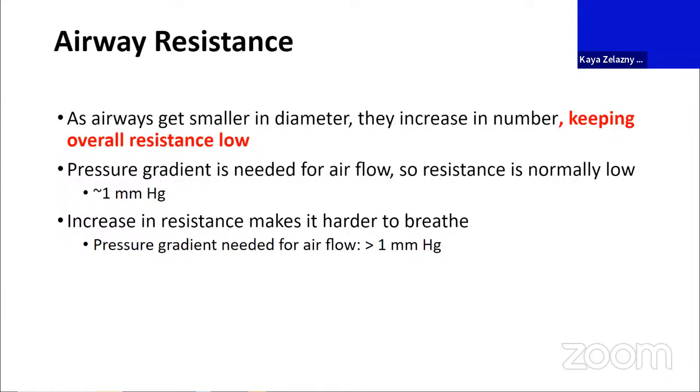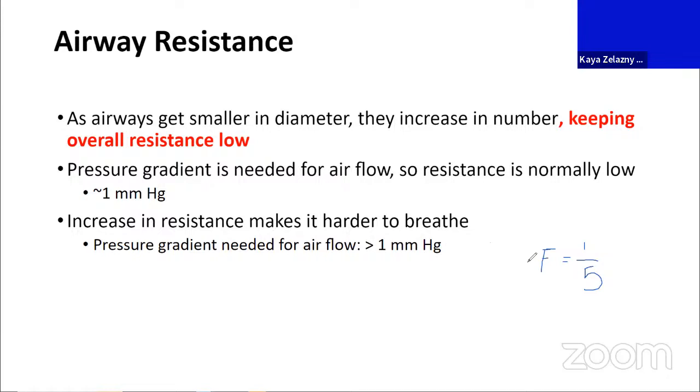Okay. Now, since we only have a little bit of a pressure difference, we're usually comparing like 0 to 1 or 0 to -1, depending on in or out, right? So if we've got a 1 here and a low resistance, we can have some flow. If we start to jack up that resistance, we're going to have a problem.